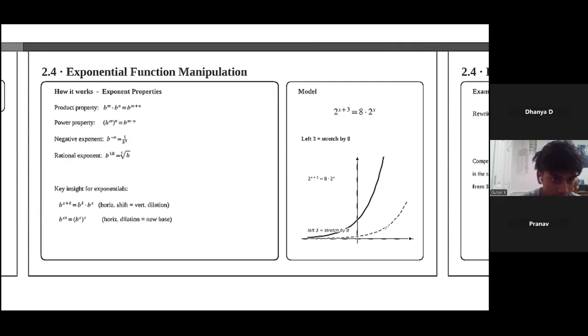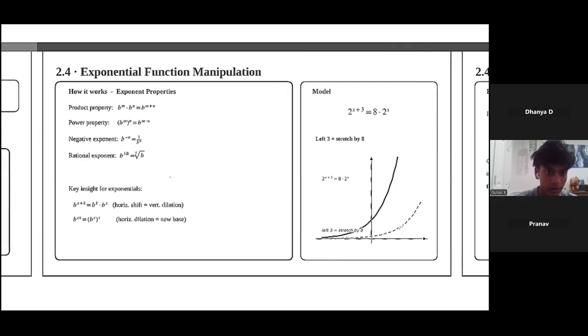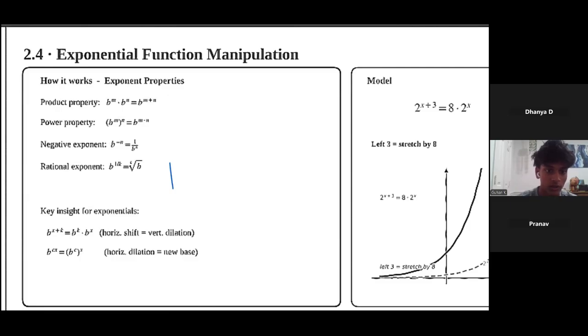Okay, then here, radical exponent. You can't really see that, but here, let me show you. b to the power of 1 over something. Let's say 1 over 3. It doesn't look like an exponent. 1 over 3. There we go. b to the power of 1 over 3.